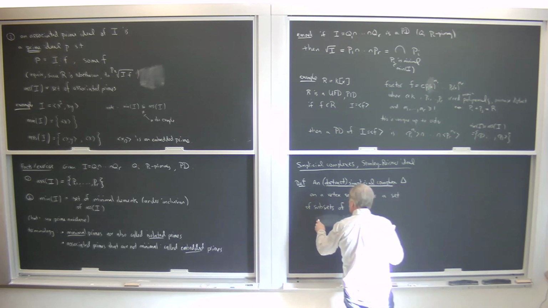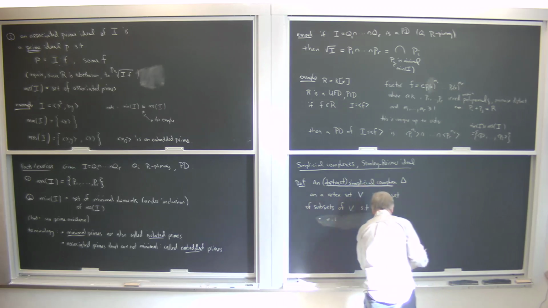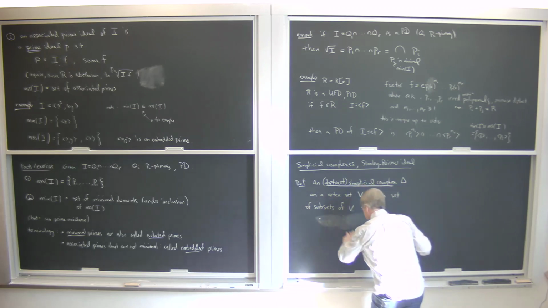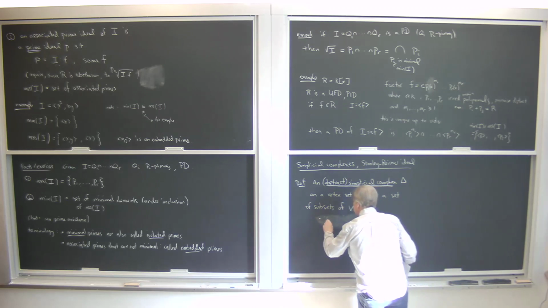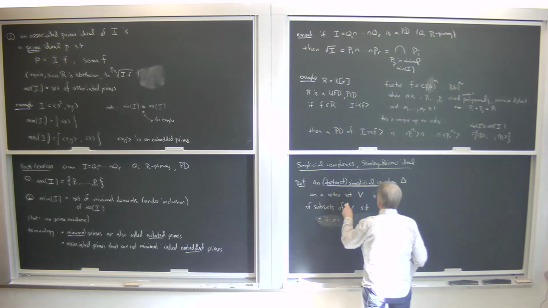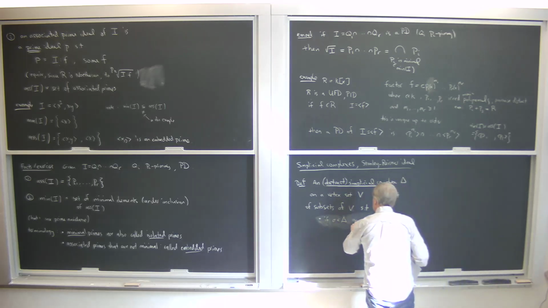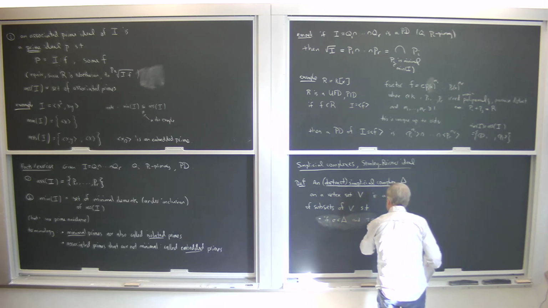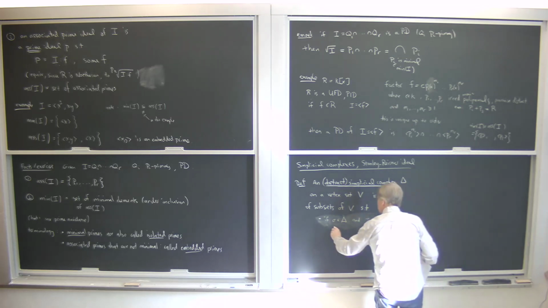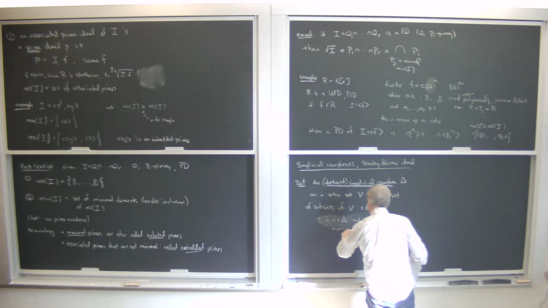So the only condition is that if sigma is in delta, which makes it a subset of V itself, and tau is a subset of sigma, then in fact tau is also in delta.